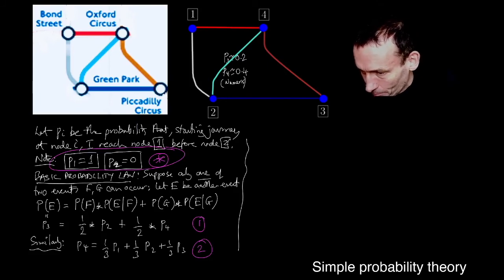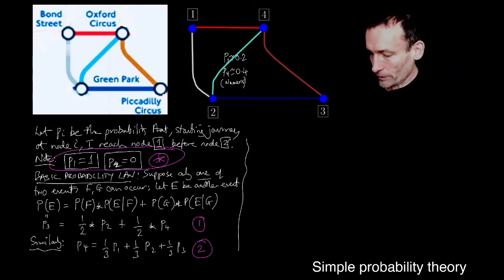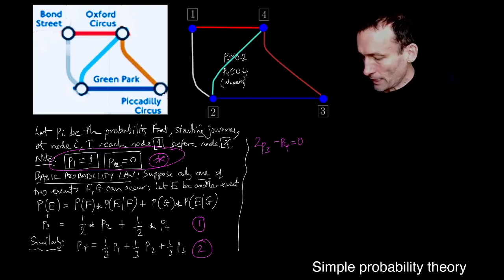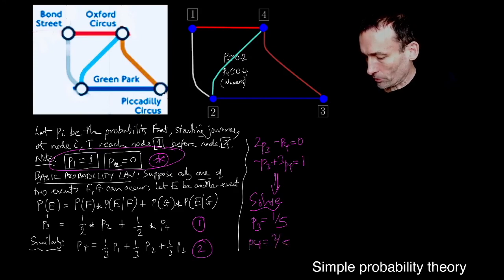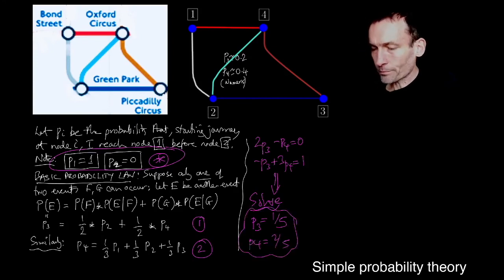And in fact, I'll just tell you that if you manipulate these, using the starred P1 is 1 and P2 is 0, you can get two simplified equations, and then you can solve these very simply by hand and find that P3 is 1/5 and P4 is 2/5. It's very, very easy.